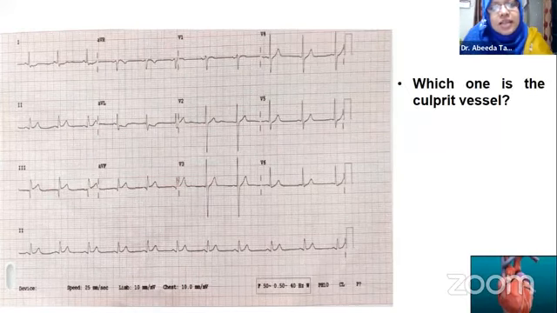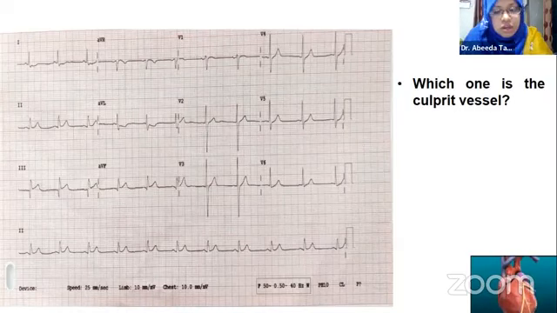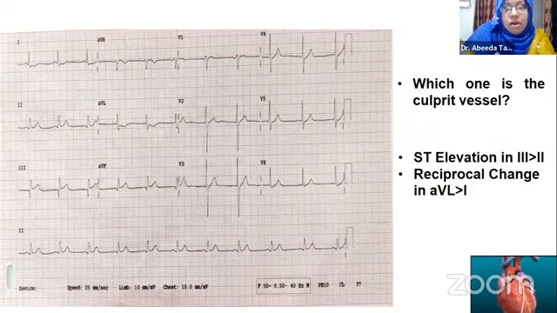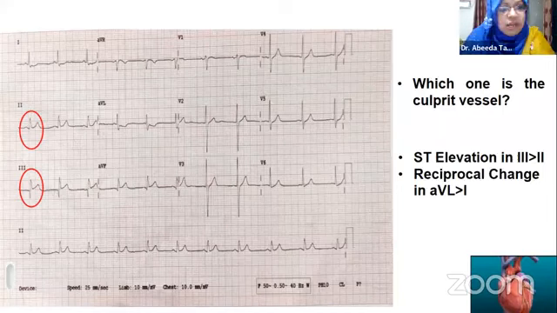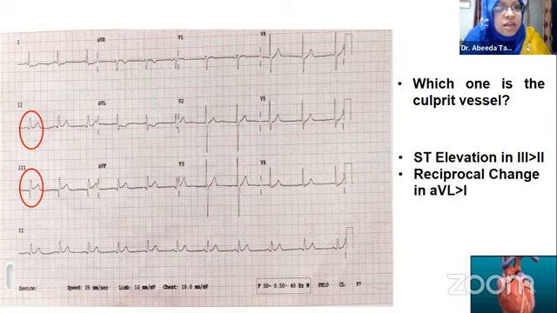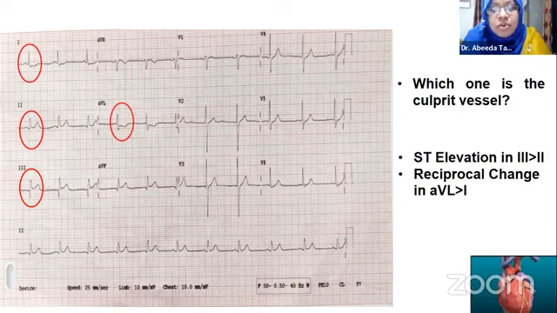So which one is the culprit vessel in this case? Here, if we look closely, we can see that in lead 3, the ST elevation is greater than the ST elevation in lead 2. Along with that, there is reciprocal change in aVL more than that of lead 1.